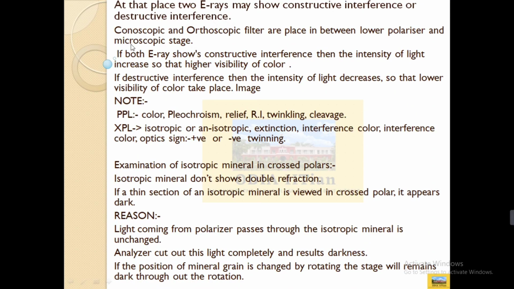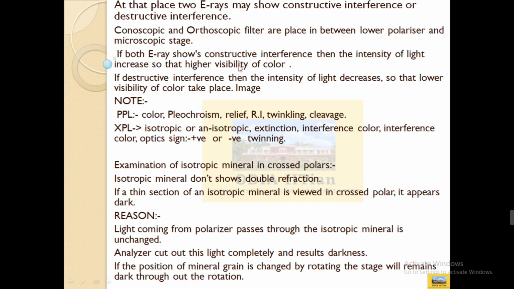Now conoscopic and orthoscopic filters are placed in between the lower polarizer and the microscopic stage. You have to remember this. Where are the conoscopic and orthoscopic filters placed? That is in between the lower polarizer and the microscopic stage. If the E rays show constructive interference, then the intensity of light increases, so a higher visibility of color is produced.